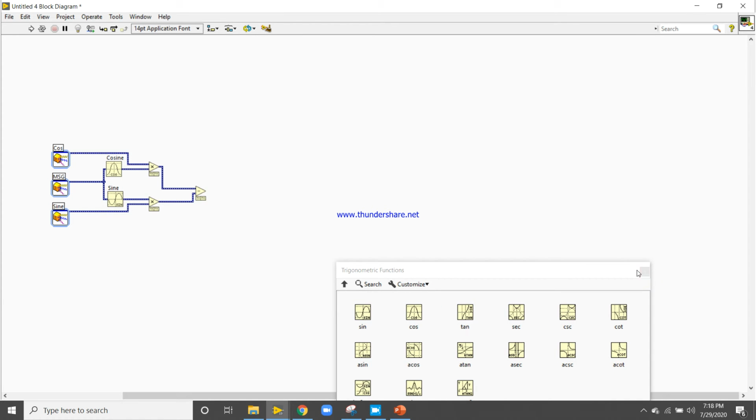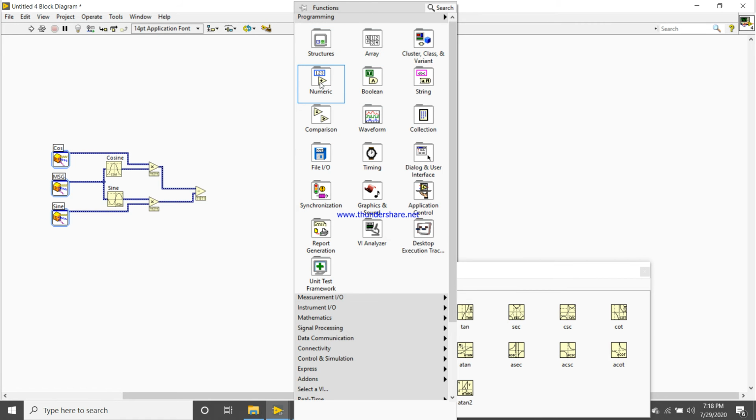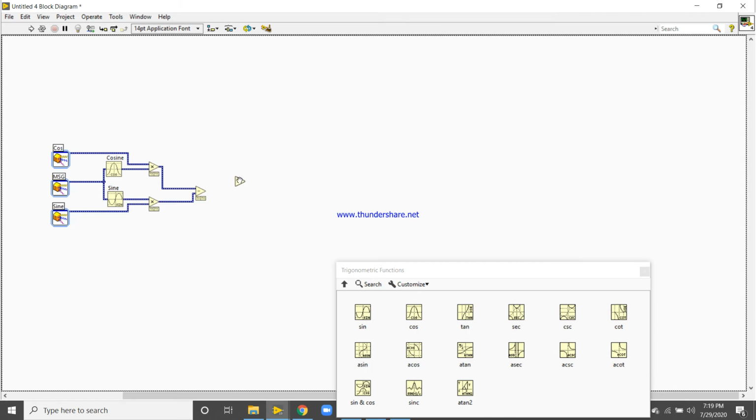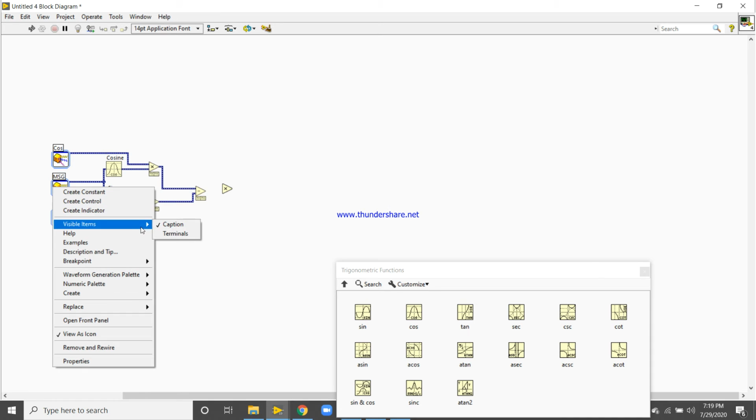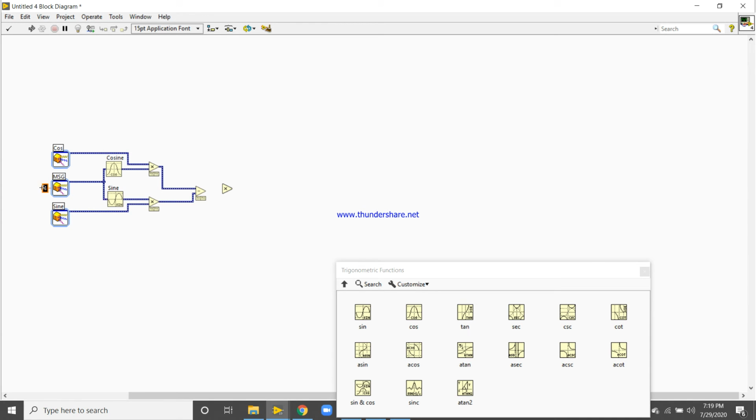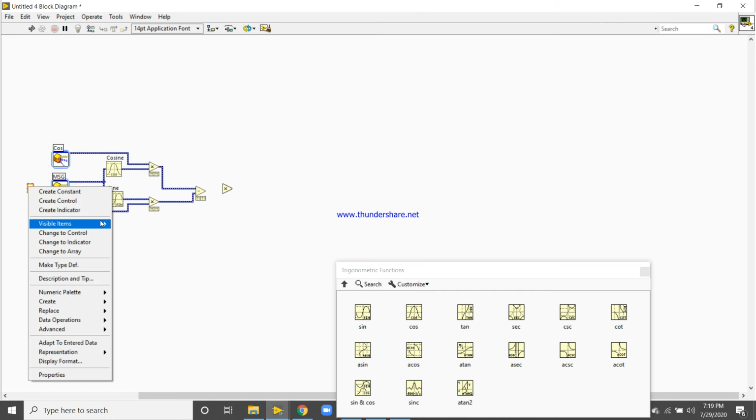There is one more thing to do. We need one multiplier here to get the final answer, and the third input is the amplitude. In this third one, right click, create constant, its amplitude.